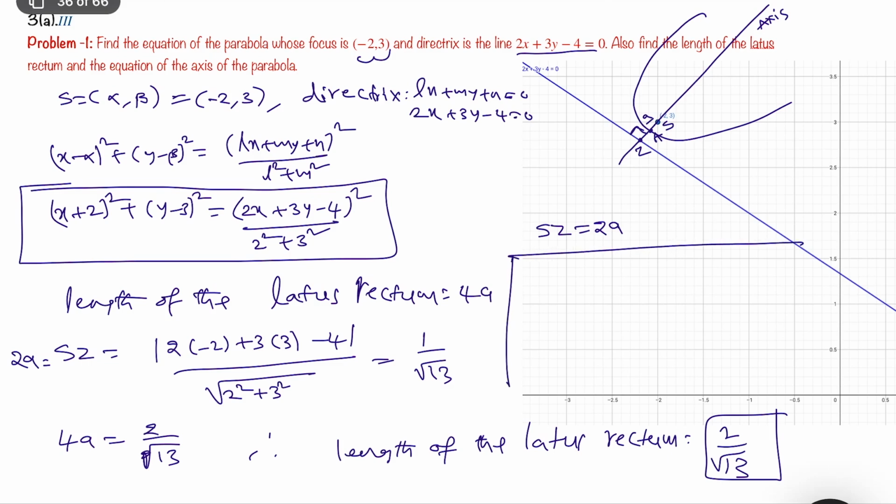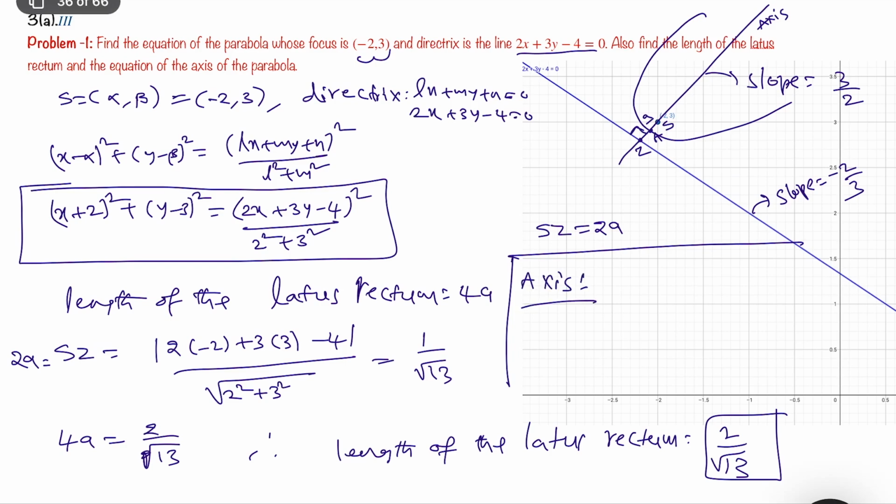So what is the axis? It is a line passing through the focus and perpendicular to the directrix. If the focus is minus 2 comma 3, first of all the slope of the directrix I can write is going to be minus 2 by 3. So the slope of the axis must be equal to what? 3 by 2. So now the line passing through the focus minus 2 comma 3 and having slope 3 by 2 is going to be the axis.